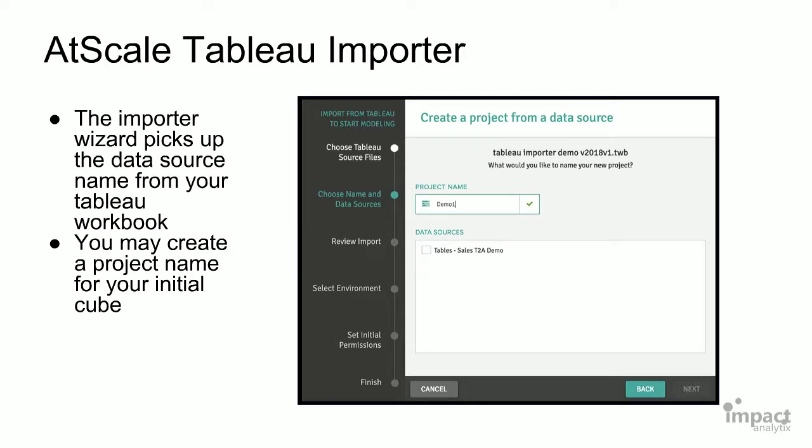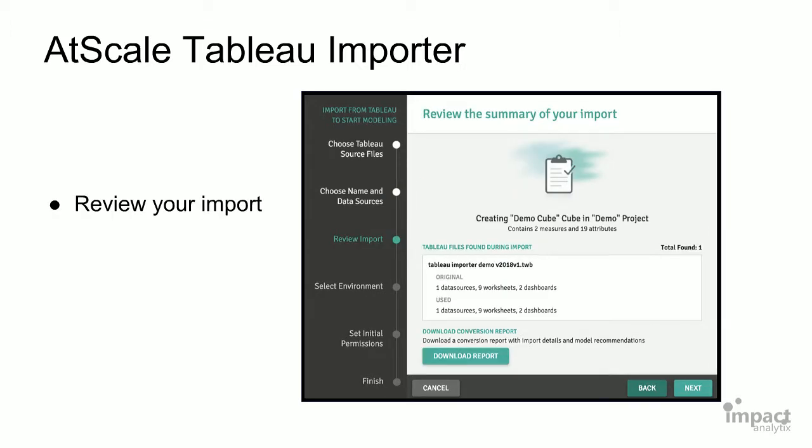We prompt for a project name because the initial cube that gets generated will be under this particular project name. We offer an opportunity for you to take a look at the summary of your import.